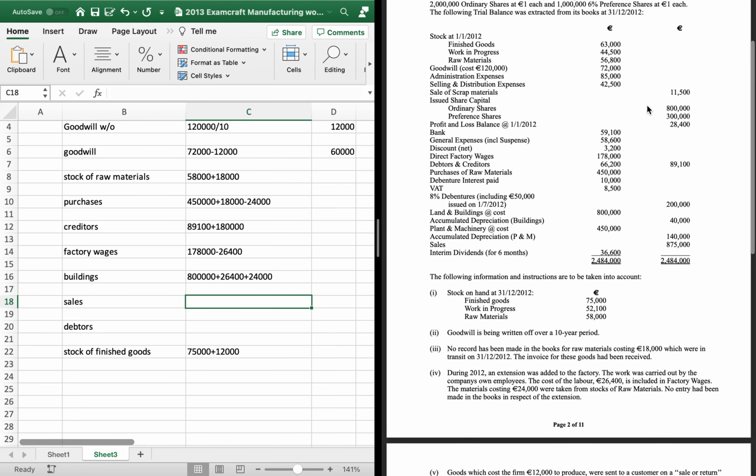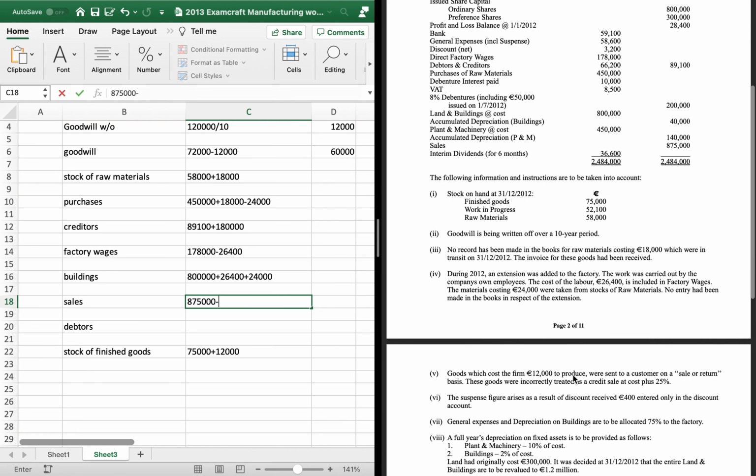So sales is 875, and we're going to have to take away the selling price. So the selling price is 12,000 plus 25%, so that's 15,000. Okay, and debtors will go down by 15,000 as well.